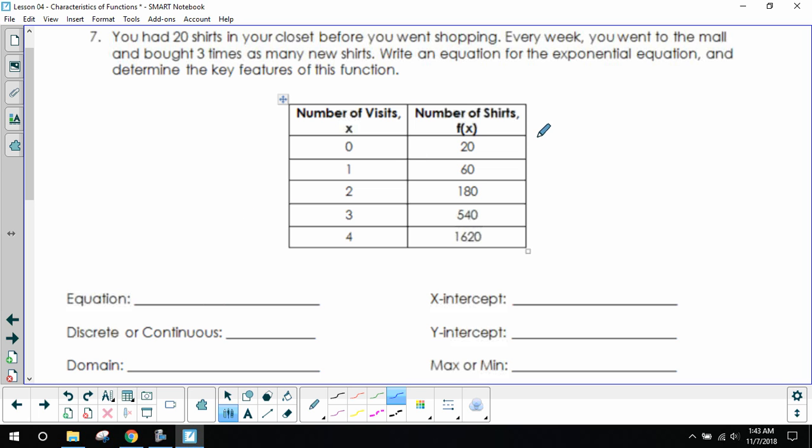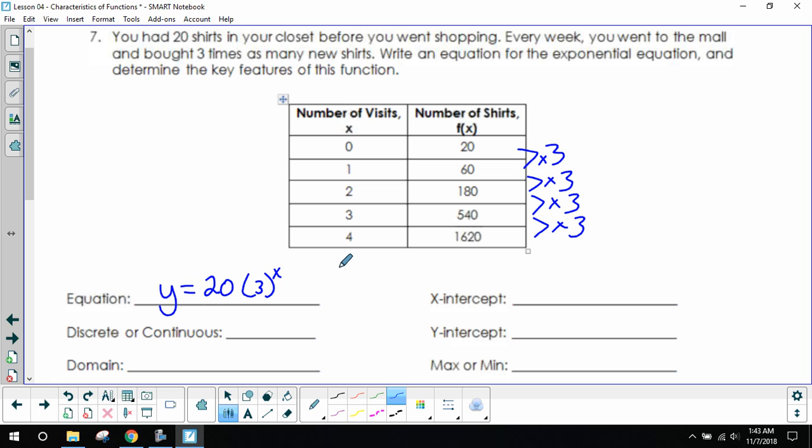And that's our pattern. So our equation is going to be our starting point, which is 20, times 3^x, every 3 times.